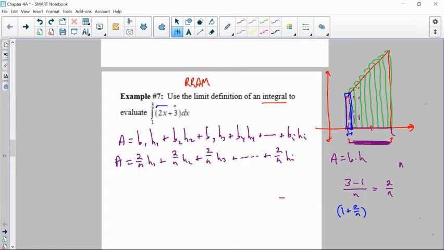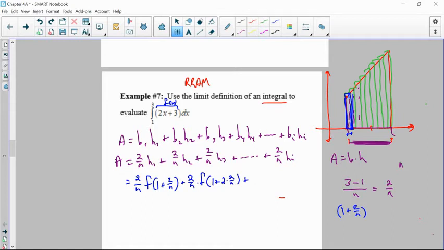So if I call this function our f of x, I can get that the base is still 2 over n. The height is whatever f of 1 plus that first increment is, because I'm starting at 1. If it were a left Riemann sum, then the left side would just be f of 1. This is now f of whatever the right side is, 1 plus whatever that increment is. And then the next rectangle has a base of 2 over n, and the height would be f of 1 plus 2 of those increments.